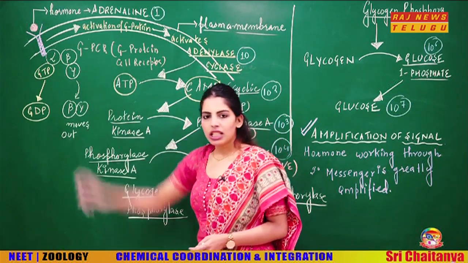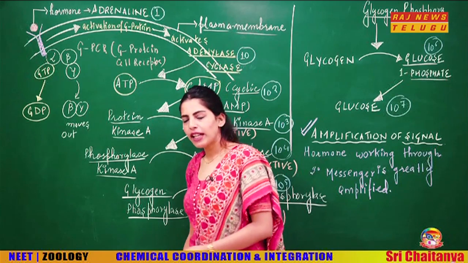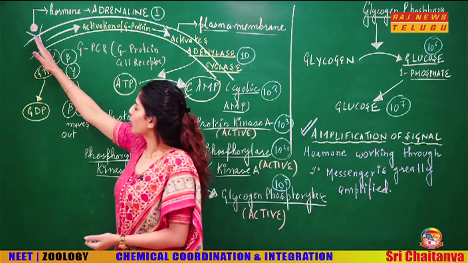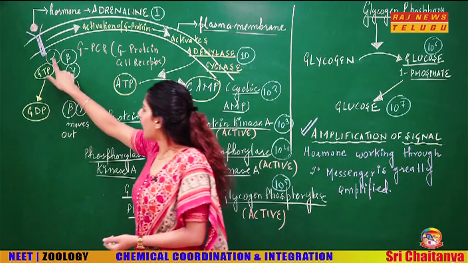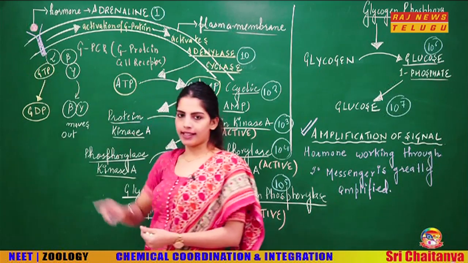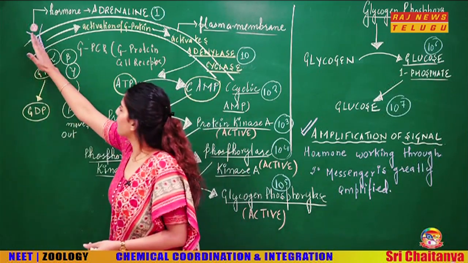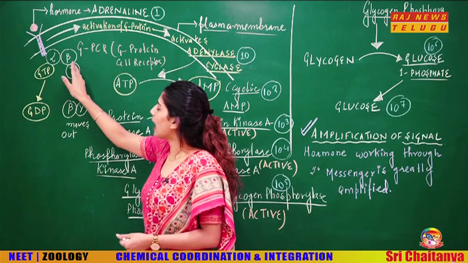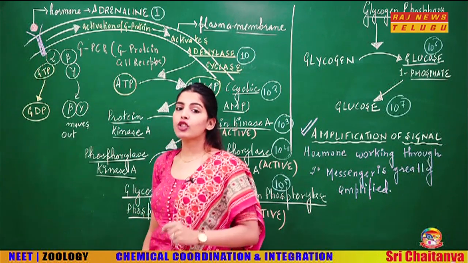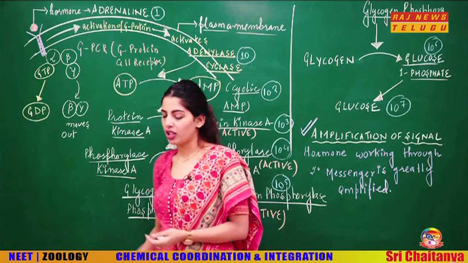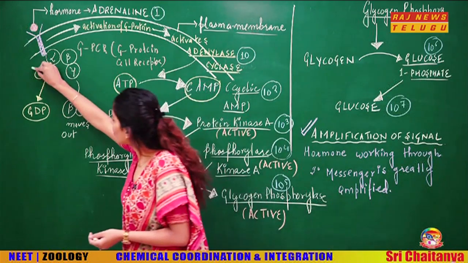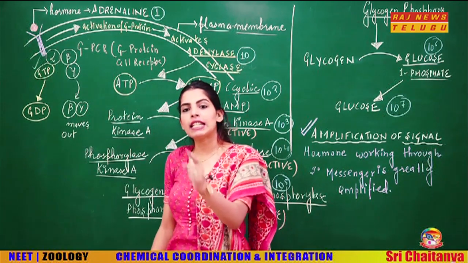Can you see some GTP, guanosine triphosphate? This receptor on its inside has alpha, beta and gamma subunits. Why is it called a G protein coupled receptor? Because it has the property of binding with GTP.